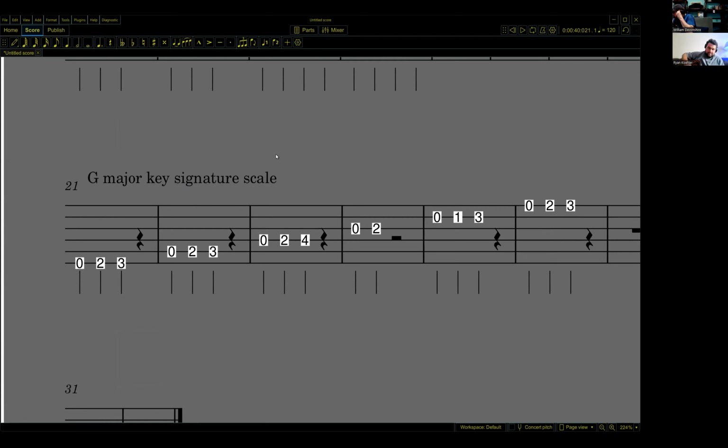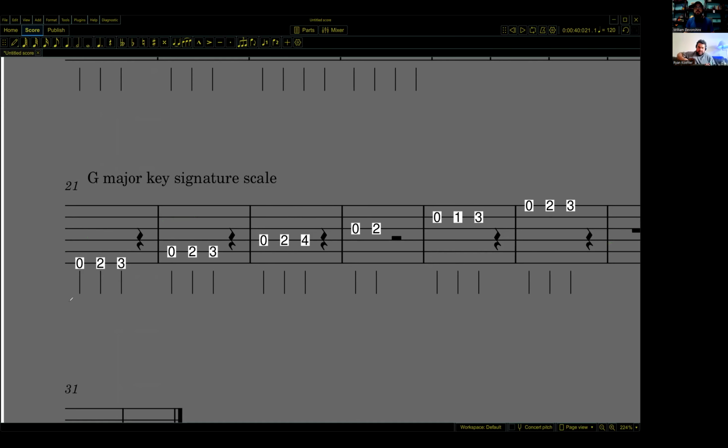Nice. If you can, put the song that you were playing earlier on your phone, and as it's playing, you can use this scale to try and do a solo over top.